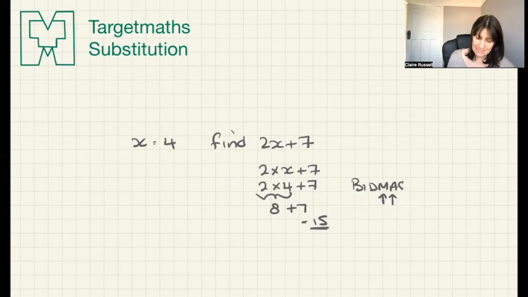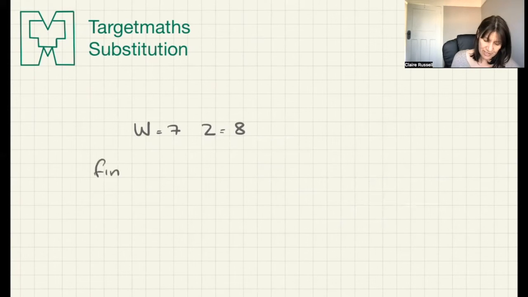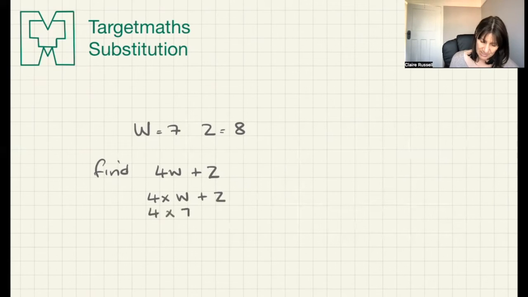Okay, let's get into when we have got 2 letters. So W equals 7, Z equals 8. And I want you to find for me 4W plus Z. Hit pause, press play when you're ready. Okay, so we've got 4 times the W plus Z. The W is 7, the Z is 8.